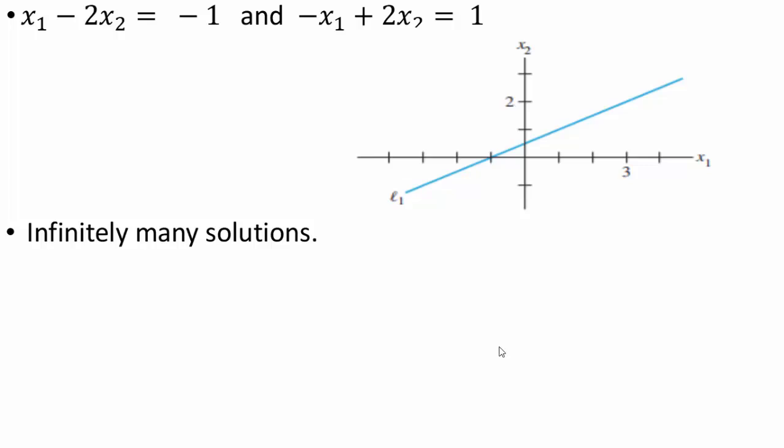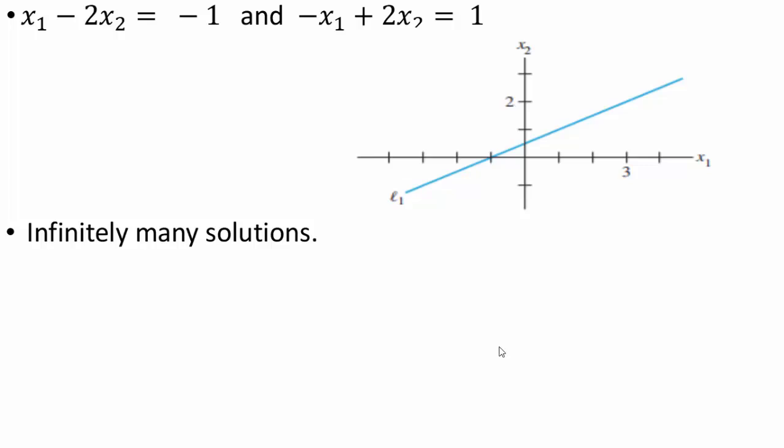If these two lines intersect at a single point, then the system has a unique solution. If these two graphs don't intersect, that means these two lines are parallel to each other, then there is no solution for that system. Then we can write the system has no solution.